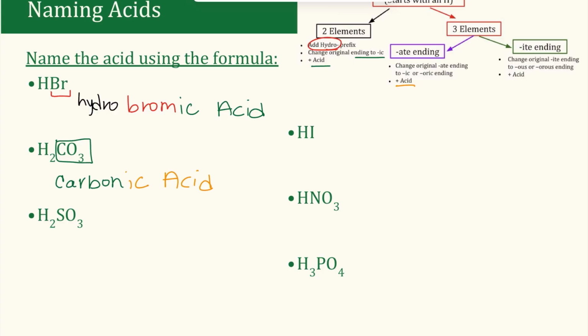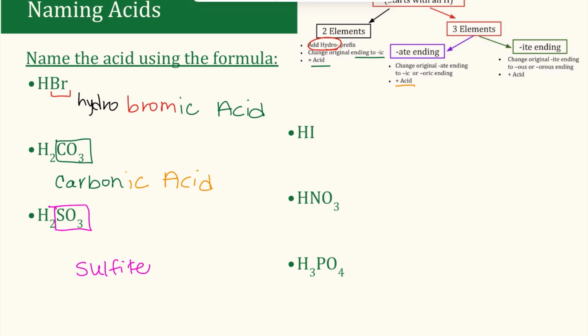H2SO3, looking at that SO3, because I have 3 elements, hydrogen, sulfur, oxygen. Now I need to consider what is the ending of that polyatomic. And we've got sulfite. So I've got 3 elements with that ite ending, changing the original ending from ite to OUS or to OROUS.